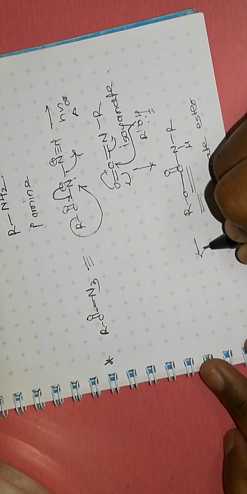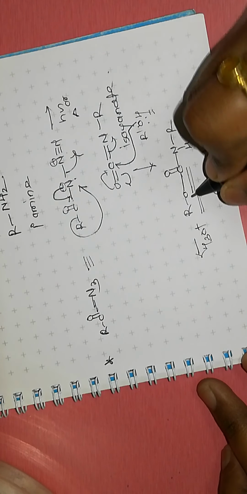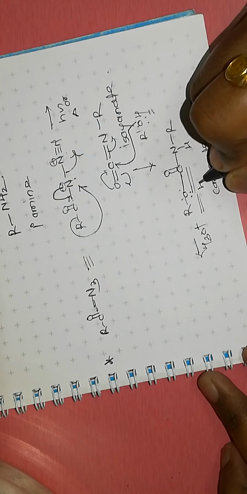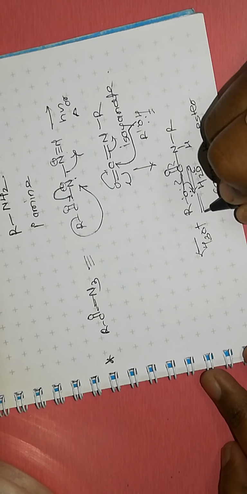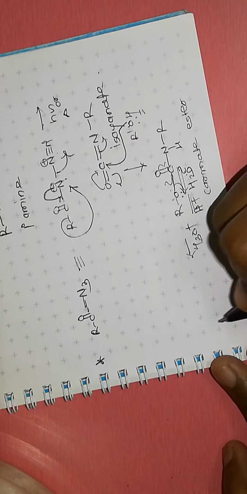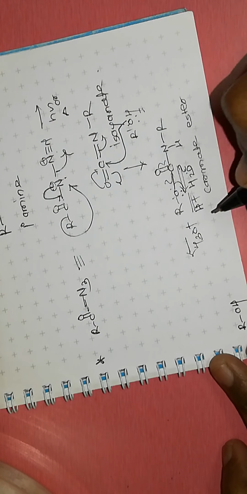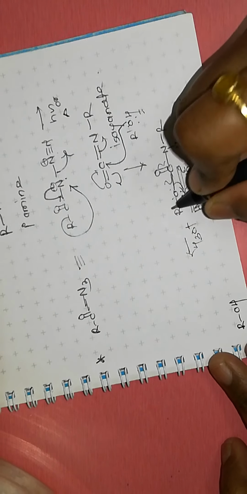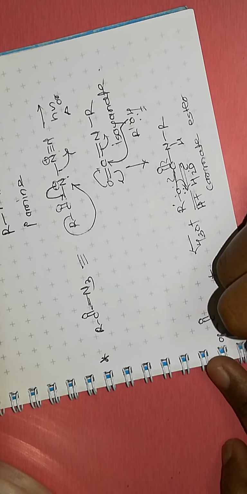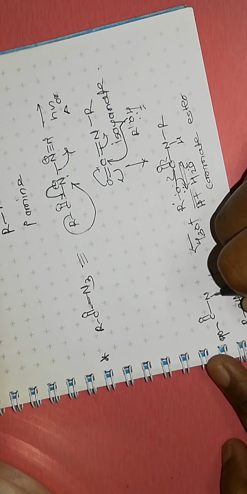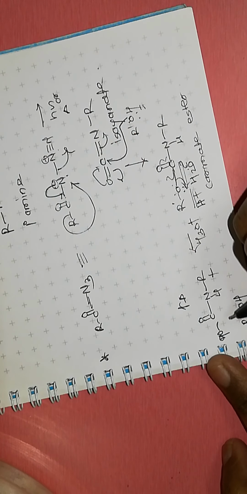Then after acid hydrolysis, what happened? Water attacks this carbonyl carbon and this oxygen takes a proton from the acid and we get ROH as a byproduct, and the product is CO, here OH, here NH, here R. Then after heating condition decarboxylation takes place.